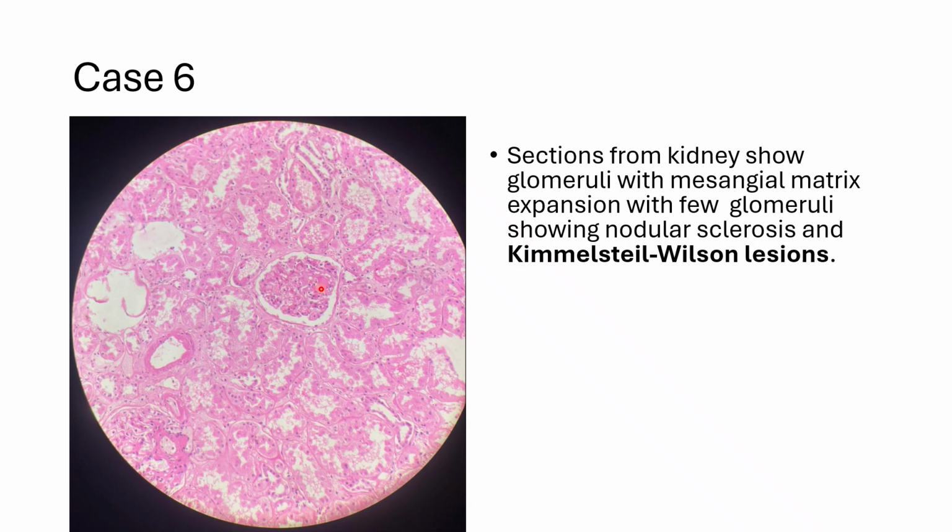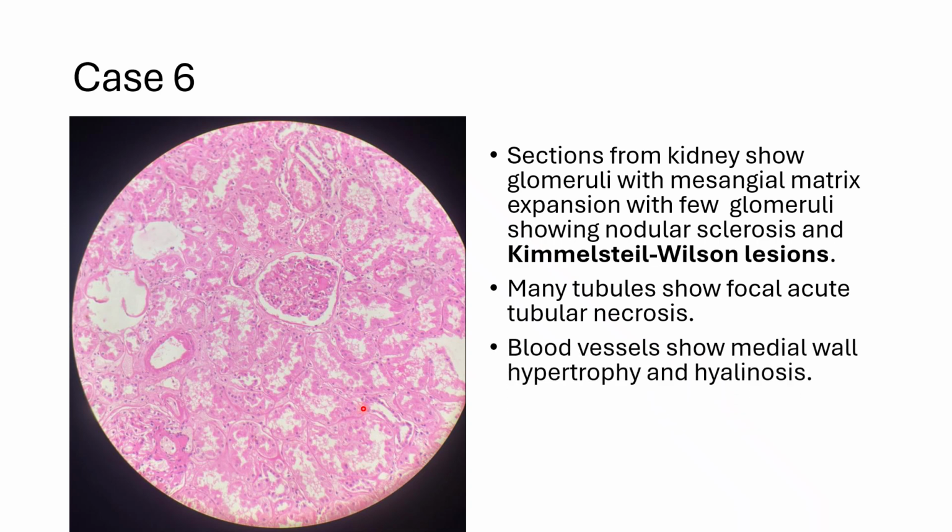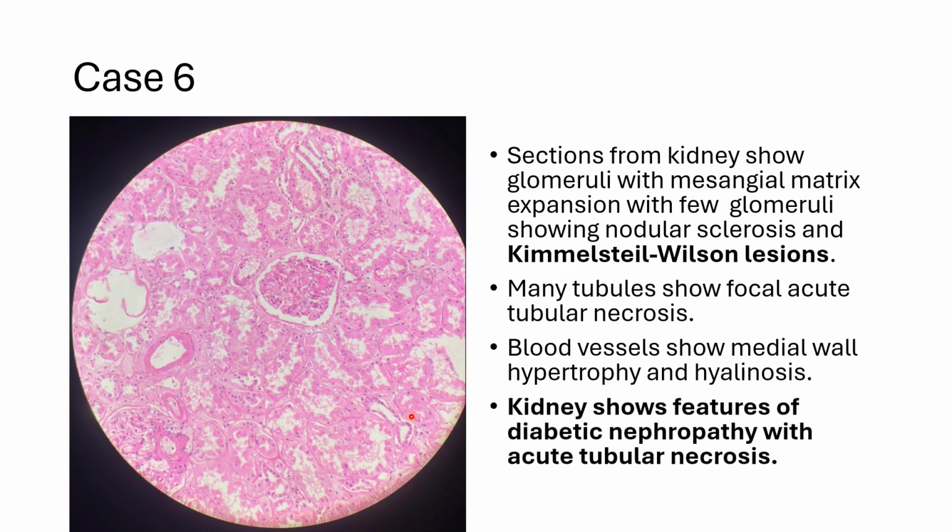So this is a feature of diabetic nephropathy. Many tubules show acute tubular necrosis. Medial wall hypertrophy and hyalinosis are also seen here. So this is a feature of diabetic nephropathy with acute tubular necrosis. This is a Kimmelstiel-Wilson lesion.